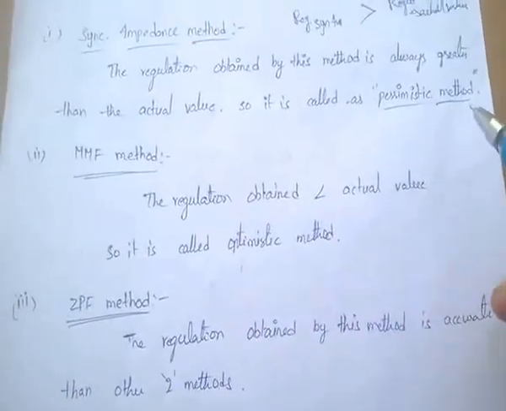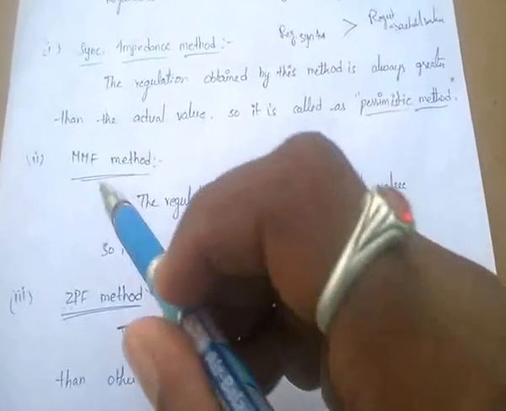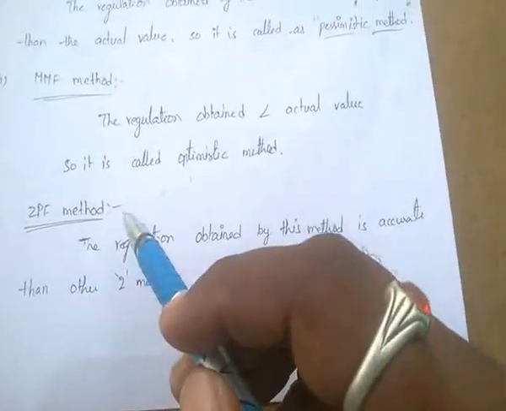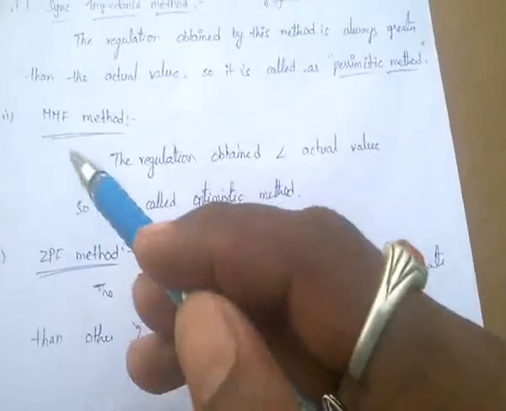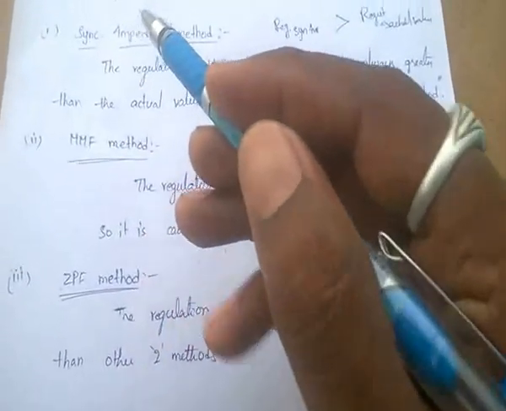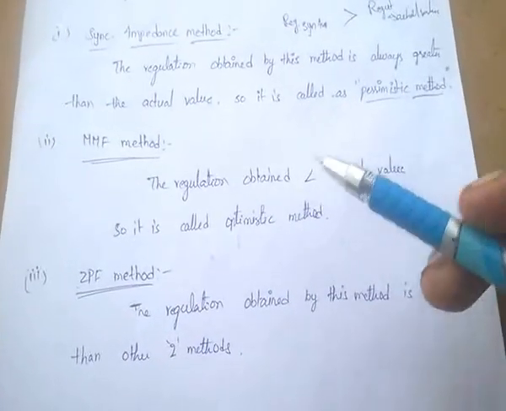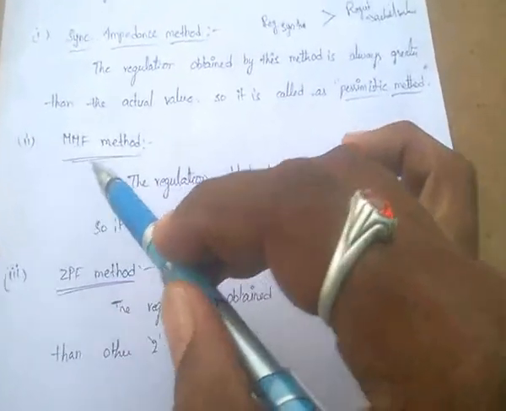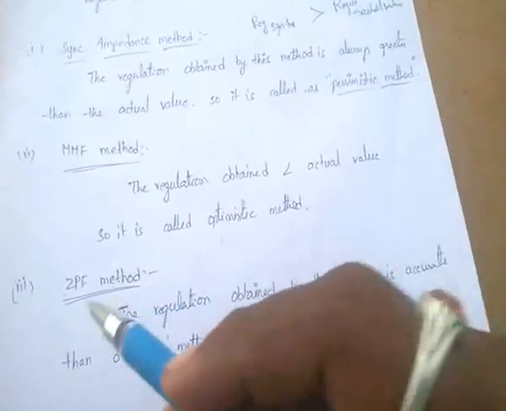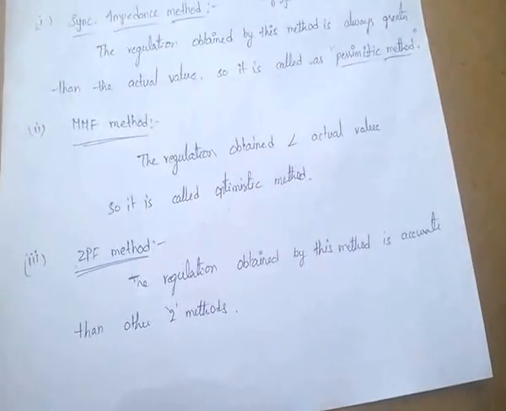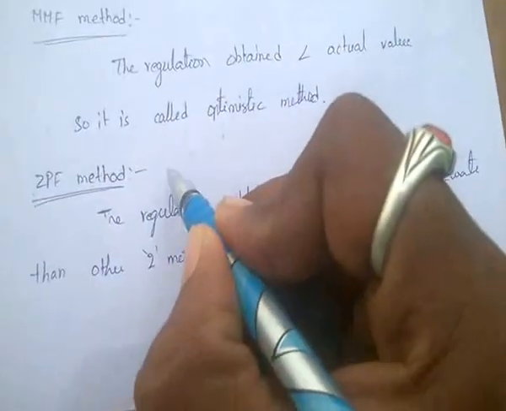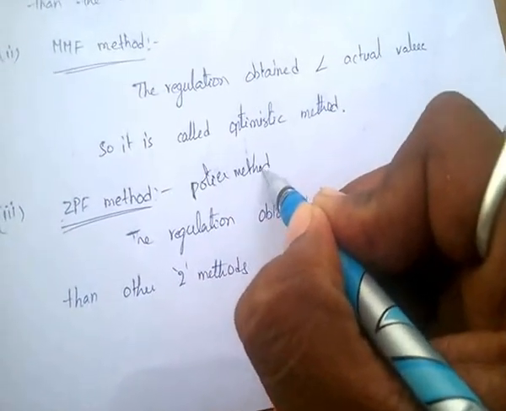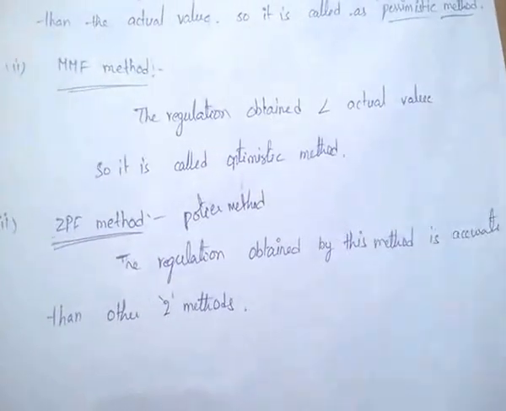The pessimistic method is the synchronous impedance method, the optimistic method is the MMF method, and the ZPF method is the most accurate method. The ZPF method is also called the Potier method, because it is based on the Potier triangle.